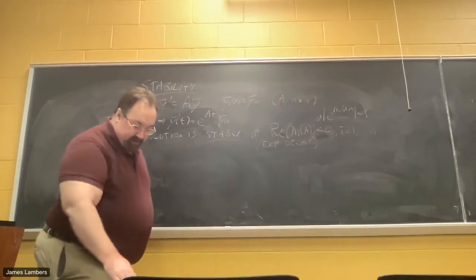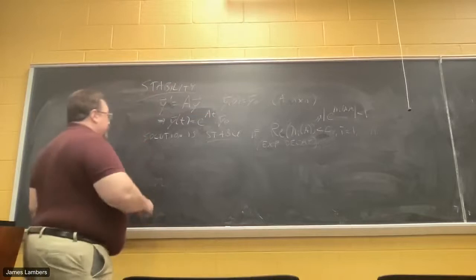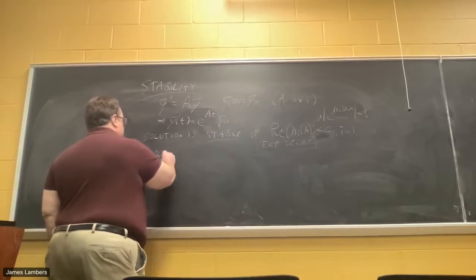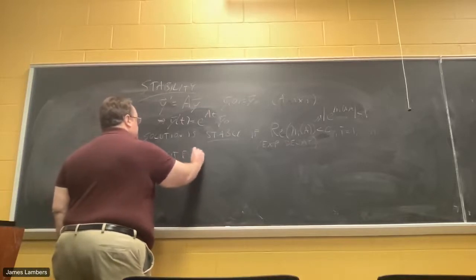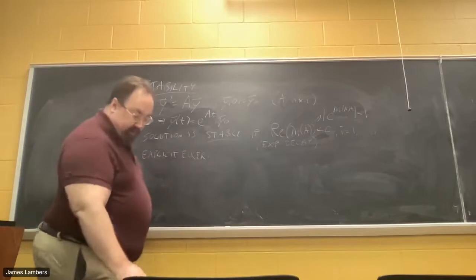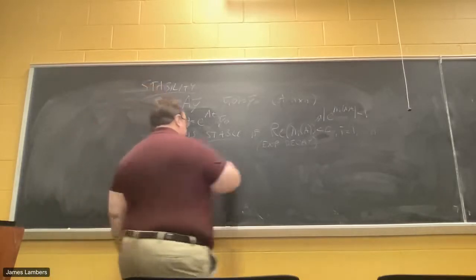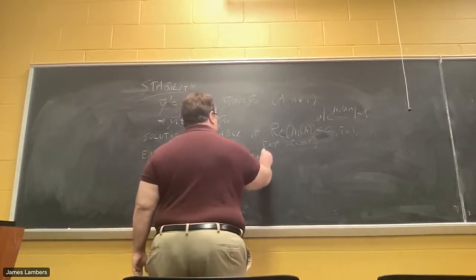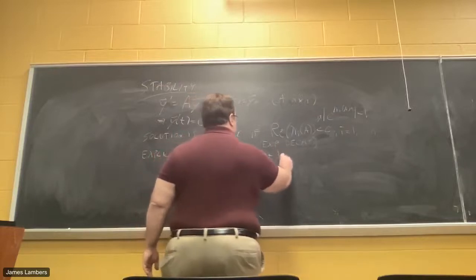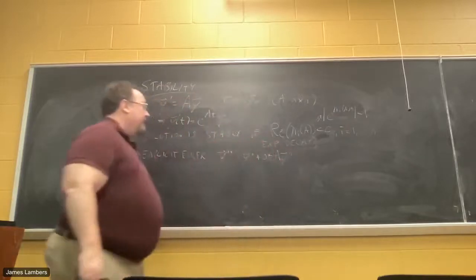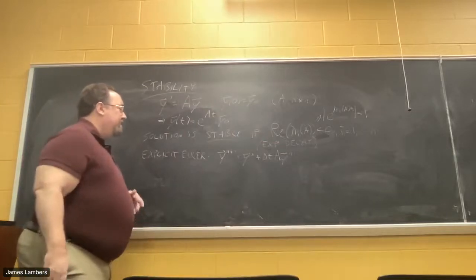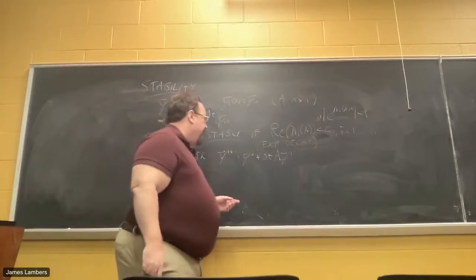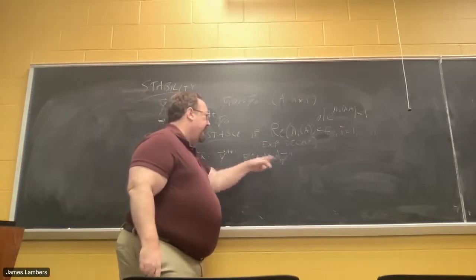So we're going to look at the two simplest time-stepping methods. For explicit Euler, that is y_{n+1} equals y_n plus delta t A y_n. Since this is a linear system of ODEs, the time derivative is just this matrix-vector multiplication.